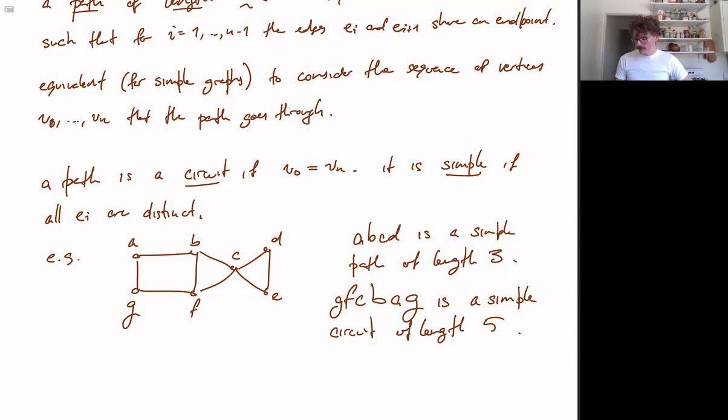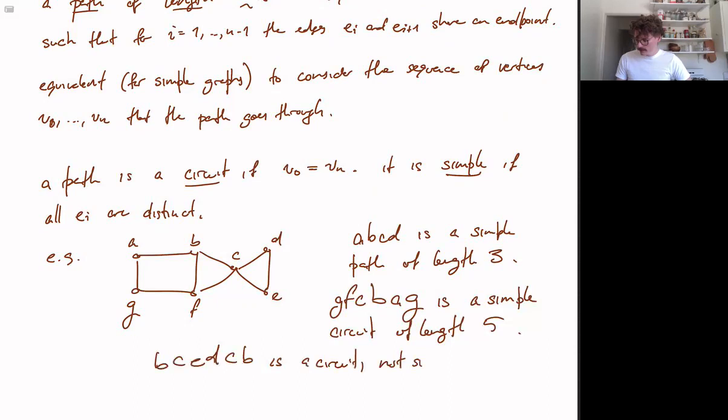And so what is an example of something that is not simple? So if we take this edge, this edge, this edge, this edge, and then back to B, that is also a circuit. So we started at B, then C, then E, then D, then C, and then back to B, is a circuit.